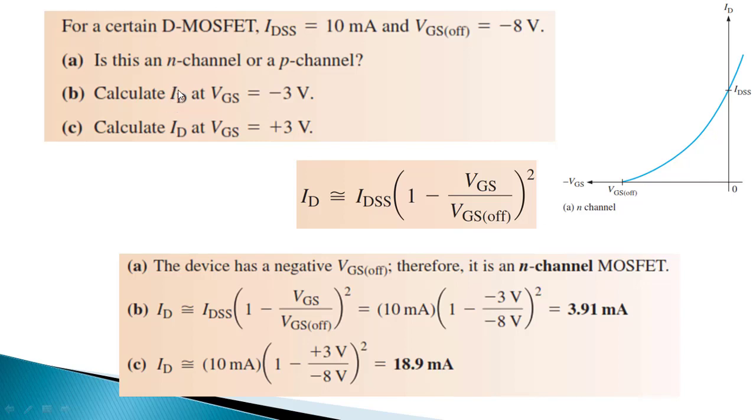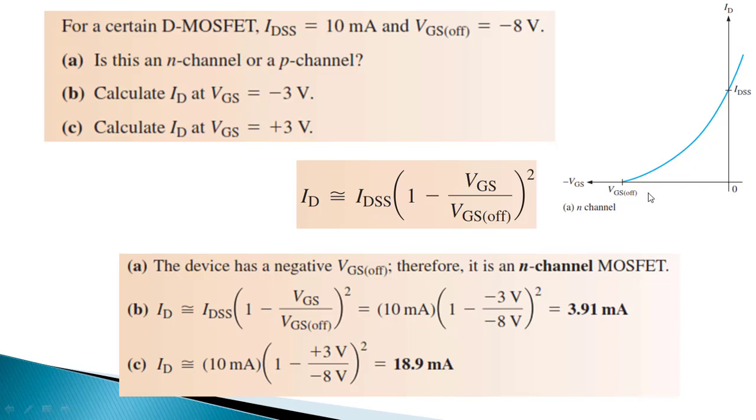calculate the value of ID if the VGS is positive. Note that this is D MOSFET. D MOSFET means the MOSFET operates in depletion mode as well as enhancement mode. For enhancement mode the VGS is positive, for depletion mode the VGS is negative. So we are calculating both the drain currents.